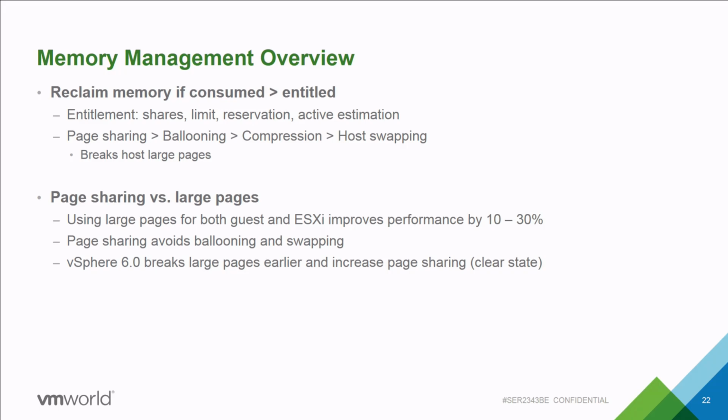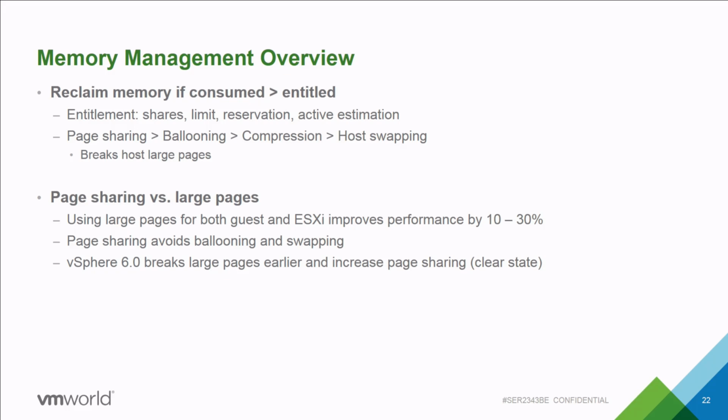Besides that, the time spent on all the memory reclaim techniques is itself expensive. There's another part that can make memory overcommit expensive: all the page reclaiming techniques require smaller pages.